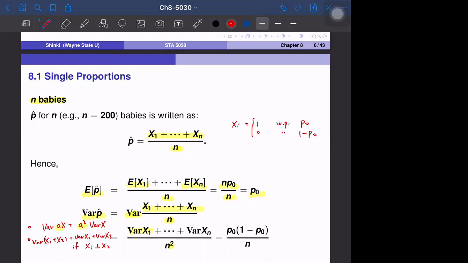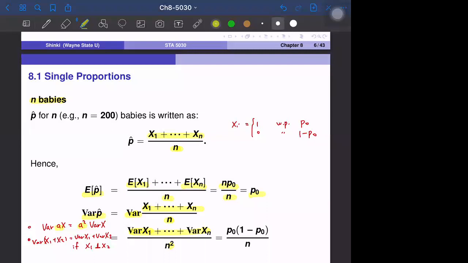Sometimes for independence, we use this symbol. And so we can decompose this. So the variance of the summation of xi's is equal to the summation of the variance of xi's.